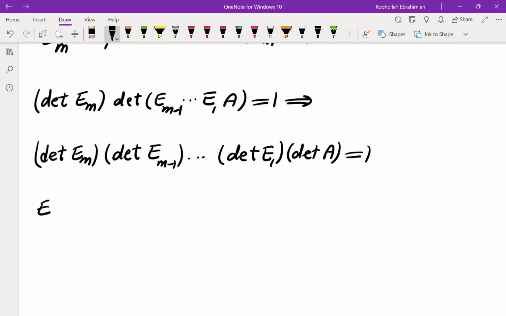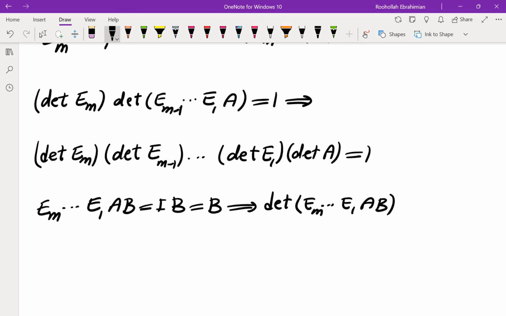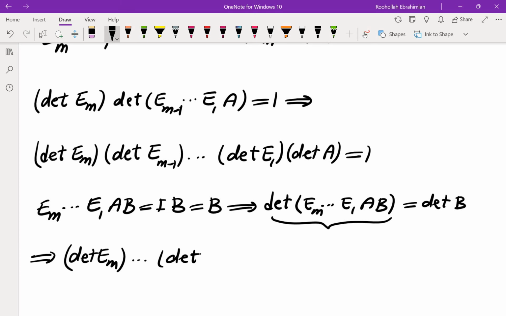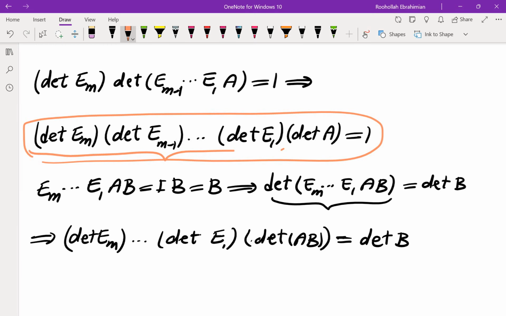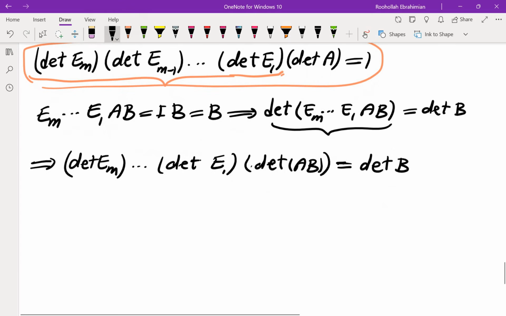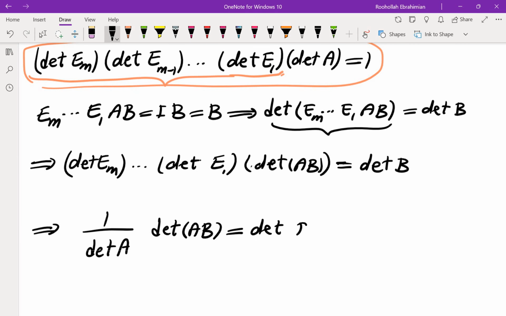Now let's do the same thing but multiplied by B. This times AB is I times B, which is B. Take the determinant of both sides, we get the determinant of EM through E1 AB equals the determinant of B. Now apply the same thing to this side: you get the determinant of EM all the way to the determinant of E1 times the determinant of AB, just repeating the same argument, equals the determinant of B. But from the first equality that we got right here, the product of determinants of E1 through EM is 1 over the determinant of A. So we get 1 over the determinant of A times the determinant of AB is equal to the determinant of B. So what does that mean?